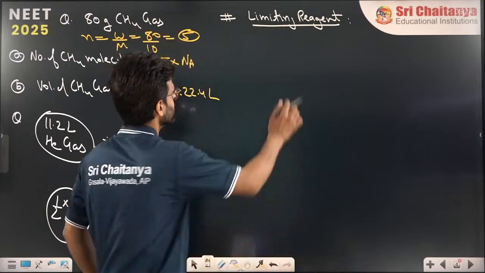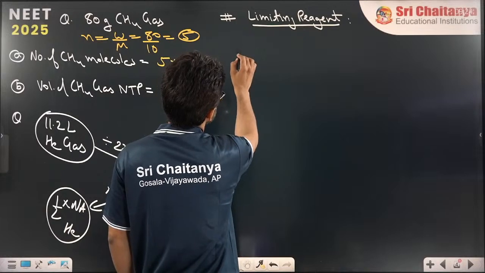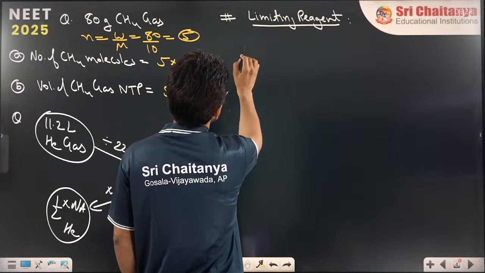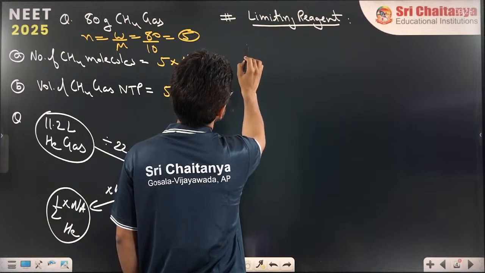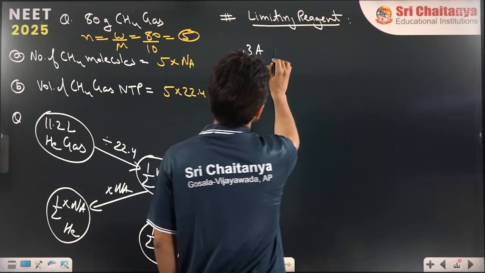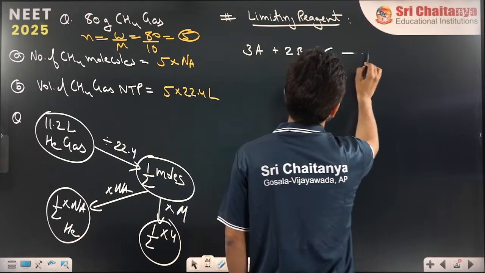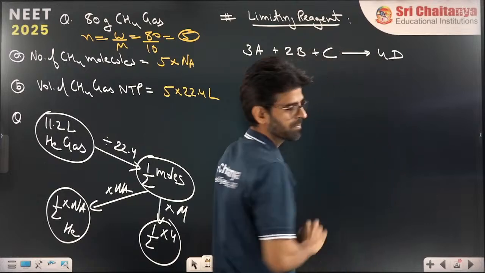Imagine I am giving some example. Here we have 3A, 2B, and here we have C, and it is making 4 of D, imagine.